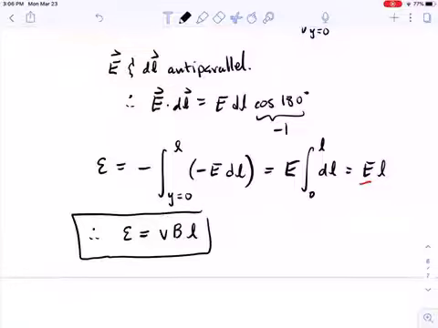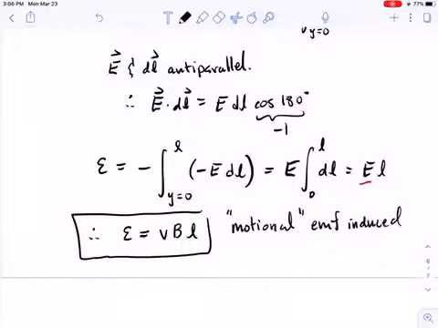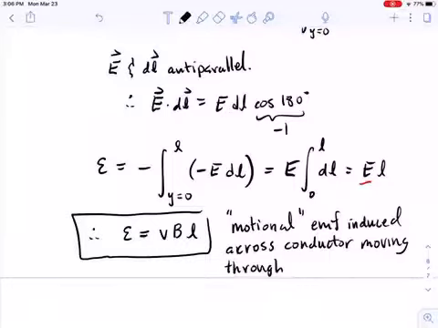And so this is the motional EMF induced across our conductor that is moving through a uniform magnetic field. All right, good. So that's kind of interesting.